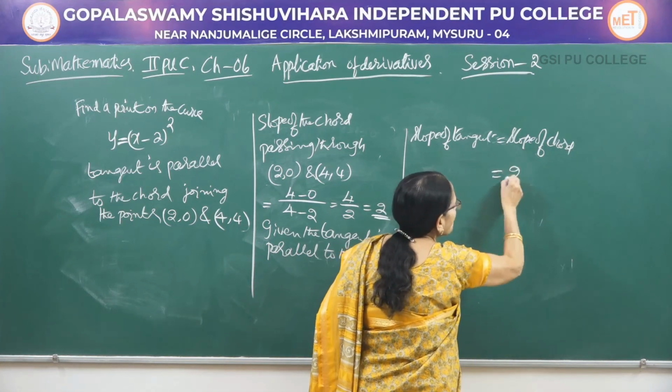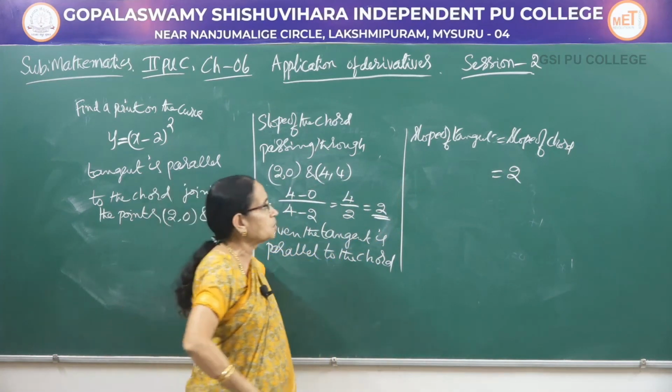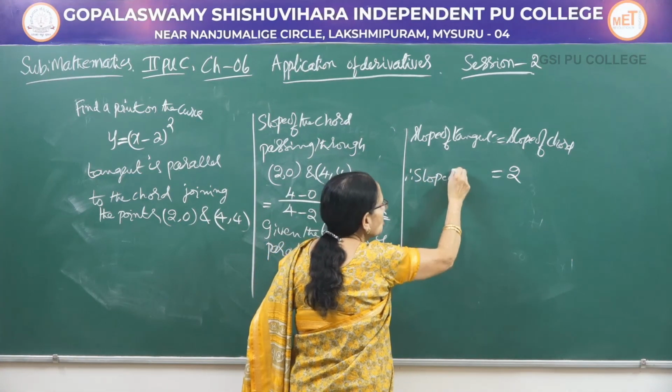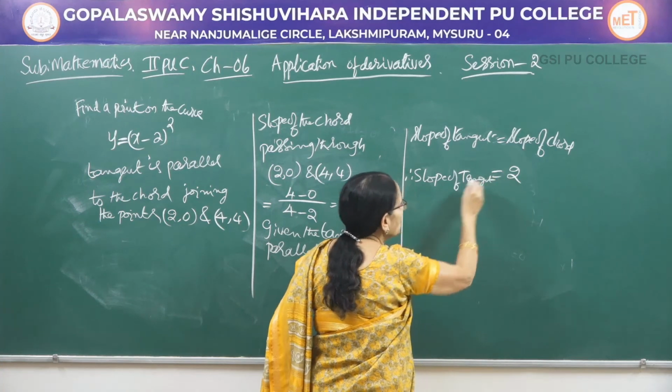But what is the slope of the chord? It is equal to 2, which we have just now calculated. Therefore, the slope of the tangent is equal to 2.